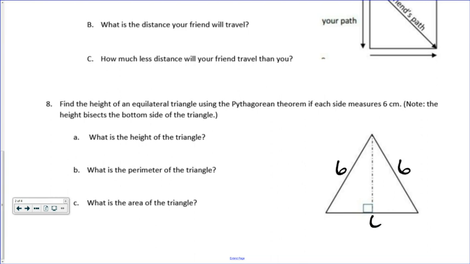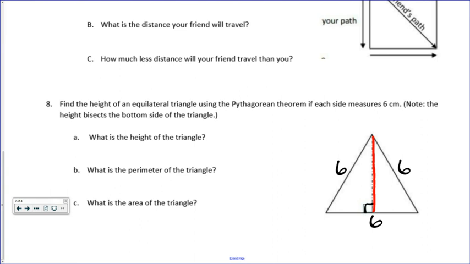I'm going to label that. And then it tells you the height, how tall my triangle is, bisects the bottom side of your triangle. So that forms, when it bisects, that forms your right angle down here. Okay? And I want to know what this height is. So I'm going to look at this as a right triangle now.